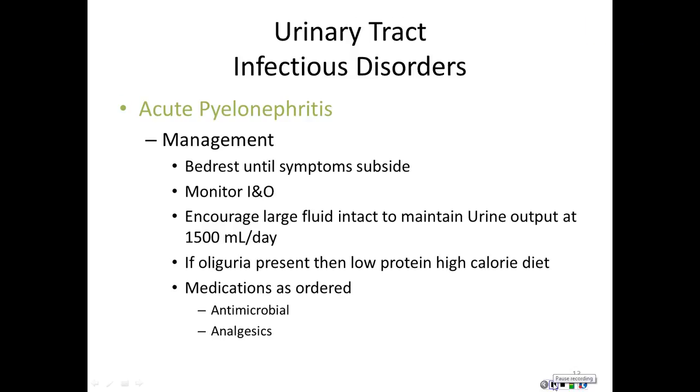Really want to try to avoid using non-steroidal anti-inflammatories, especially if a patient has any type of chronic kidney problems. Non-steroidal anti-inflammatories have been shown to actually hasten renal problems and kill off kidney tissue. So trying to use NSAIDs is something that we don't want to do with these patients.